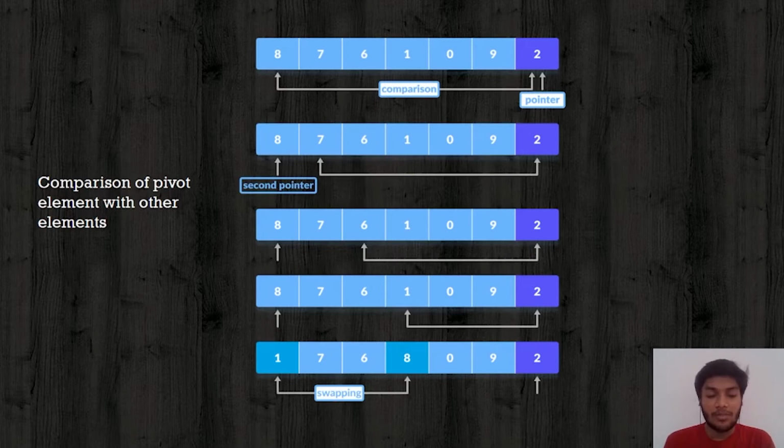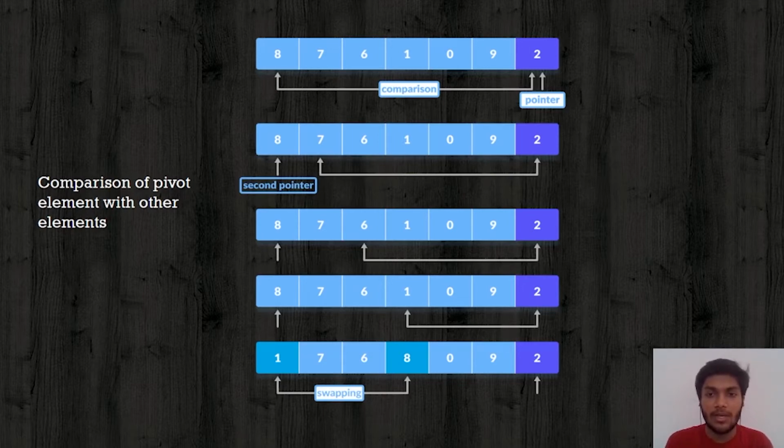If an element smaller than the pivot element is reached, that is, if a number which is smaller than 2 is reached, the smaller element is swapped with the greater element found earlier. The process goes on until the second last element is reached. Finally, the pivot element is swapped with the second pointer.